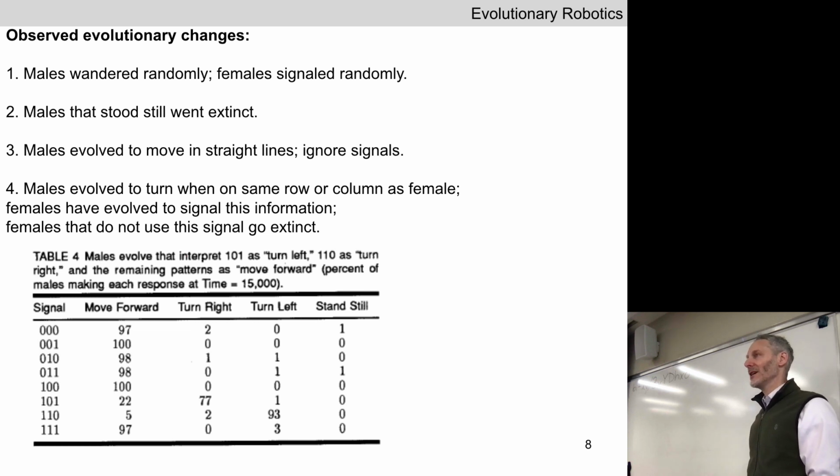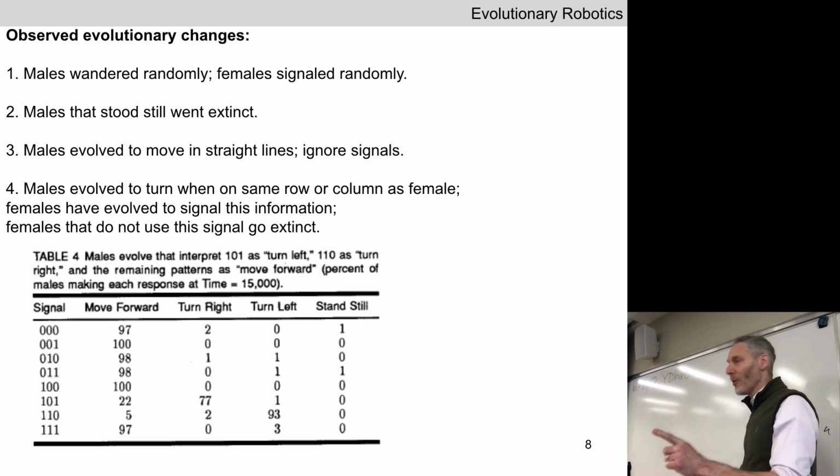15,000 time steps later. So we've jumped further into the future. What's happened? They've learned to associate certain signals with turning left or right. Almost perfect.